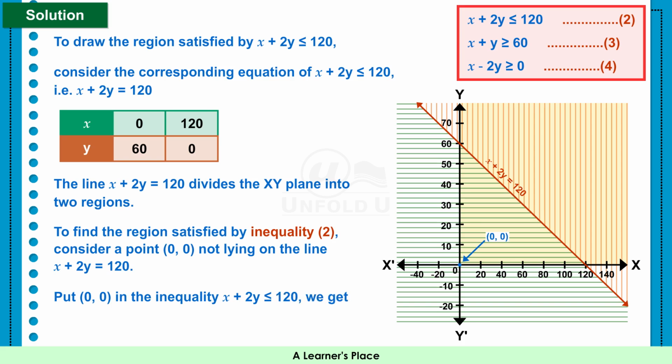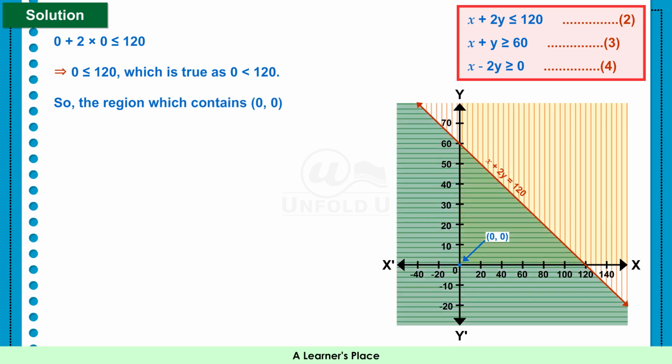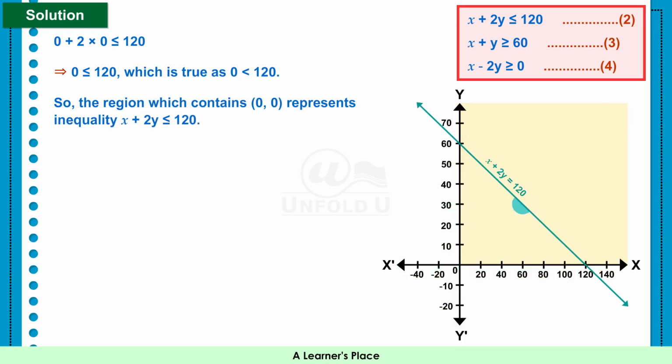We get 0 plus 2 into 0 is less than or equal to 120, which implies 0 is less than or equal to 120, which is true as 0 is less than 120. So, the region which contains (0, 0) represents inequality x plus 2y less than or equal to 120.